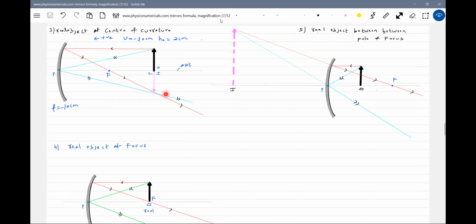Fine. So now let's get into the mathematics, how we derive this. 1 by V, directly, let me write it here. So what is the distance? -20. Solving this, I'll get V = -20 centimeter. What is the magnification?